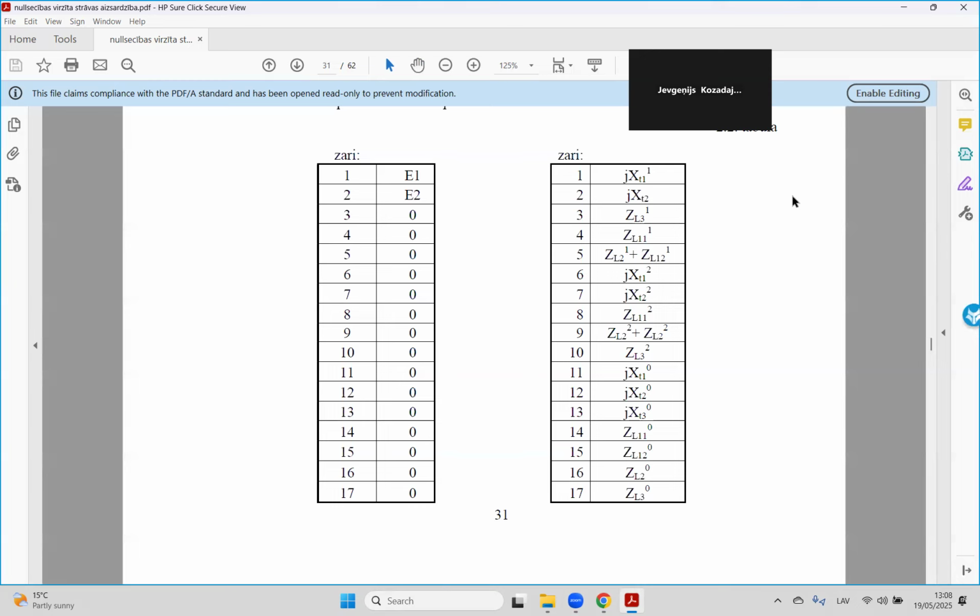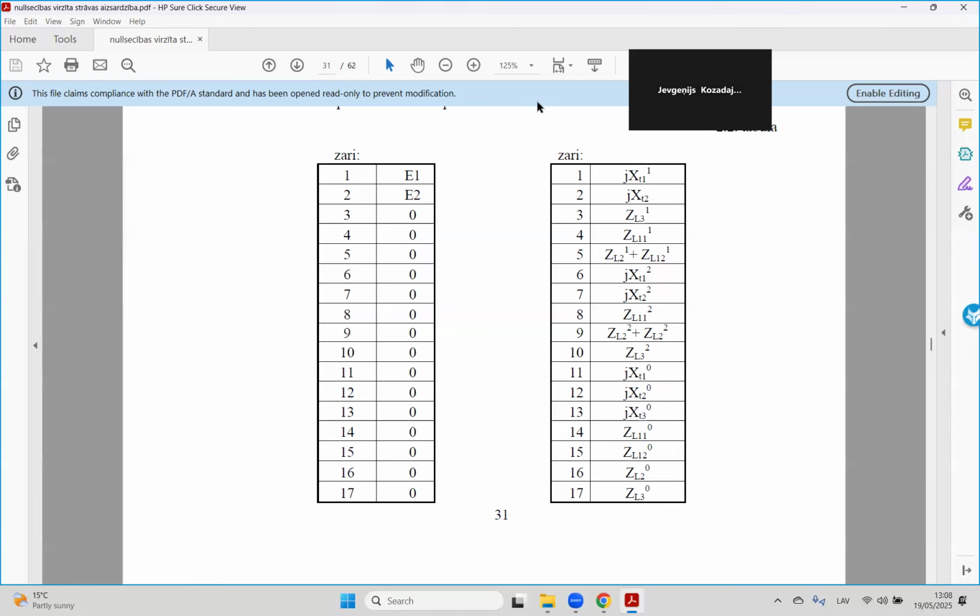And for these branches, just write the impedance or reactance, whichever we choose, for every branch, with three matrices. Typically, this is all you need to do to have a calculation, a calculator, as we could call it.